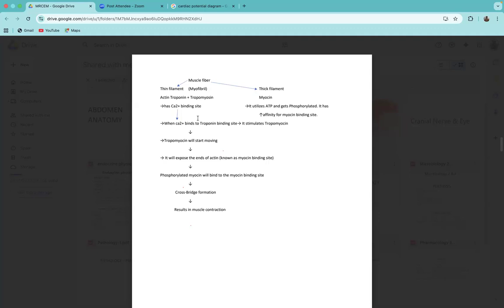The tropomyosin starts moving, and if you look for a video on YouTube or elsewhere, there are very clear videos showing exactly how that procedure occurs.